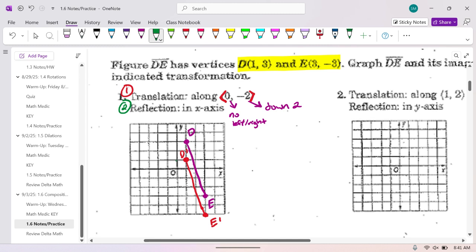D, the y value is at 1, so that means my new D is going to be at -1 on the same x value. So this will be D double prime. And then E is at -3, or no, it's at -5 now. So that means it'll be at +5 on the other side. So this will be E double prime.